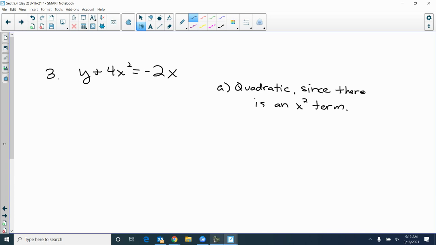You gotta get it in what we call standard form, so you gotta move this over. And once y is by itself, that term just switched signs because we moved it to the other side. Now, at that point, you can say whether it opens up or down. That will open down because the x squared is negative.